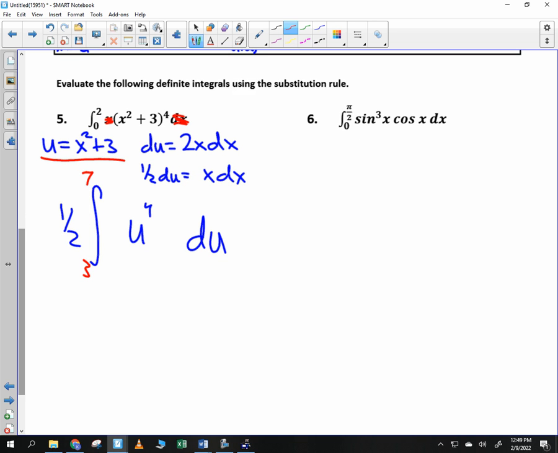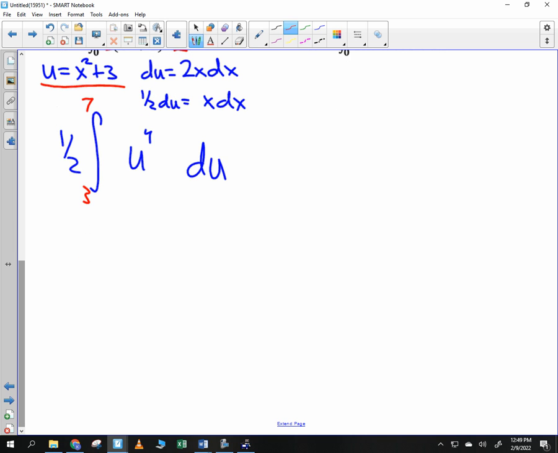Let me finish the problem, and hopefully then you'll see the why. So what's the antiderivative of u to the 4th? U to the 5th over 5. So when we multiply by one half, everybody agrees it's going to be u to the 5th over 10. So you don't have to plug in x anymore. You just go 7 to 3.